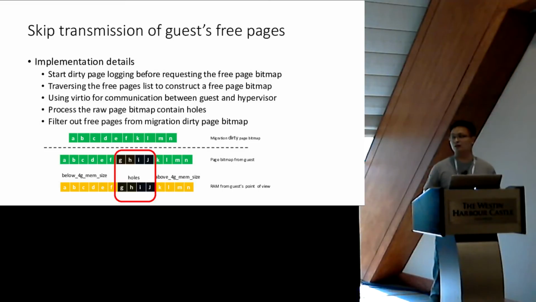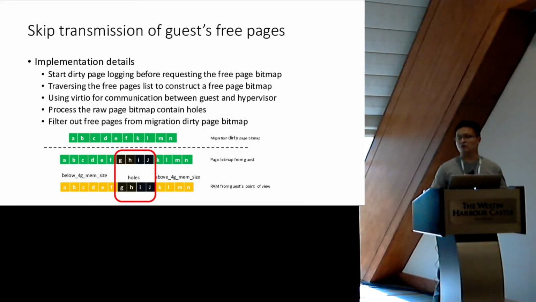Then the guest kernel passes this bitmap back to the hypervisor, also using the balloon device. After QEMU receives this bitmap, it can skip the free pages in the guest.